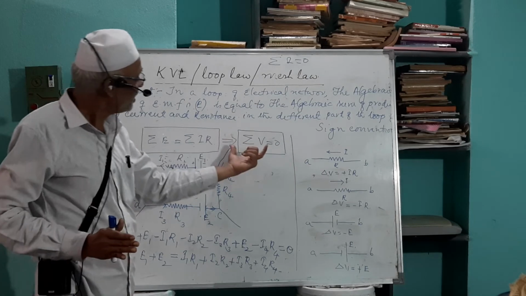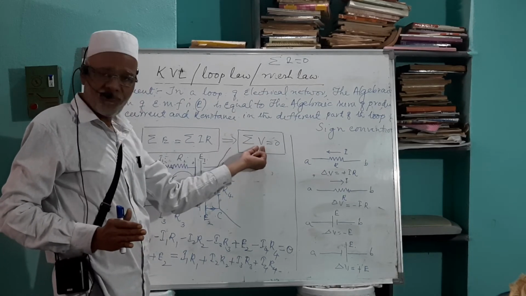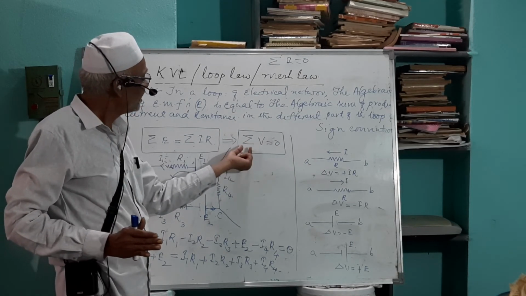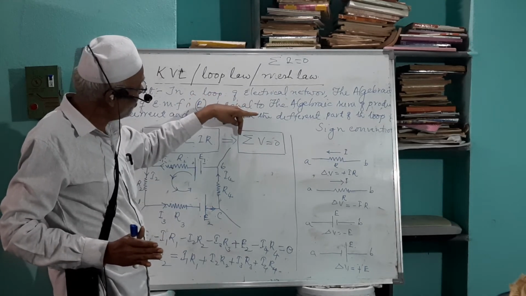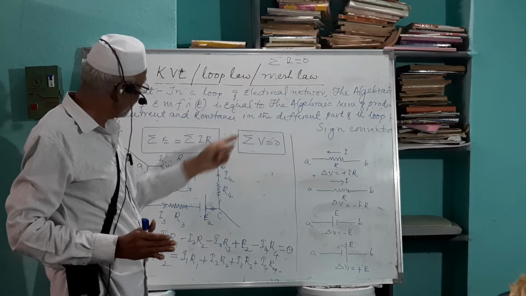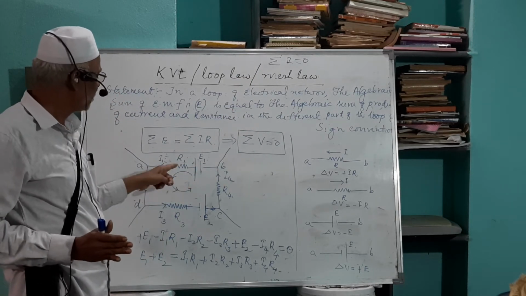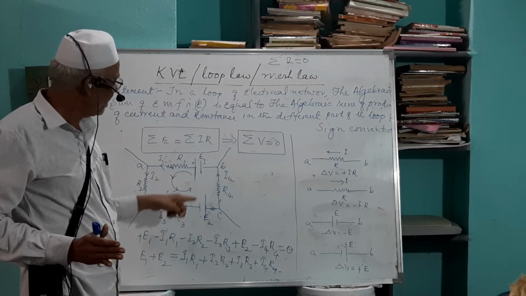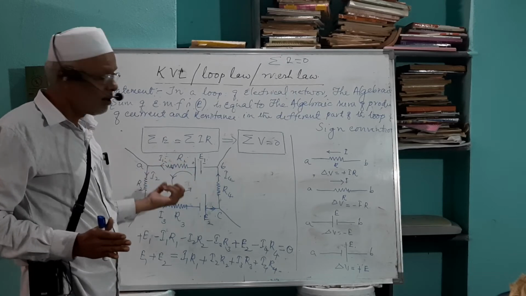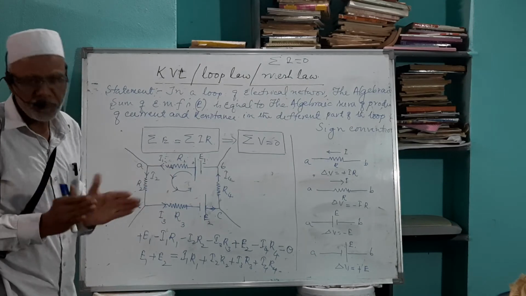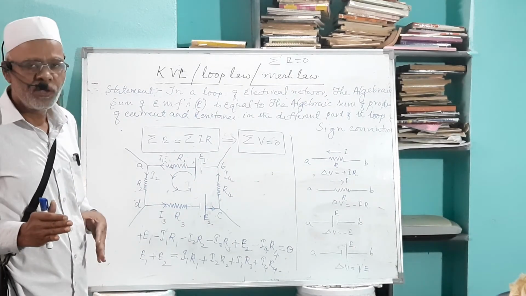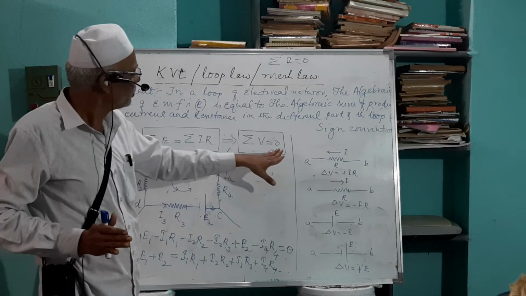Similarly, you can state an alternate statement, where V stands for the voltages. The algebraic sum of voltages produced across the circuit elements, such as resistances and cells, is equal to 0.